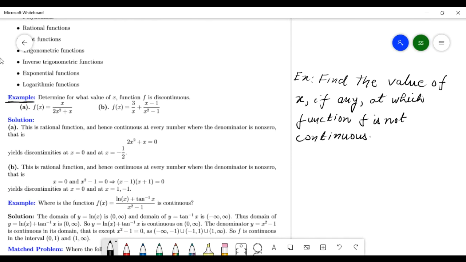This is a question. f(x) equal to 5 by x plus 2x divided by x plus 4.